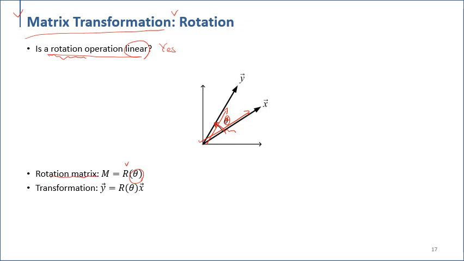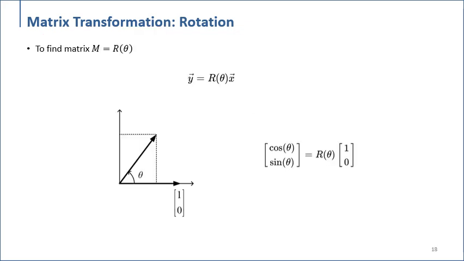So the matrix can be written as a rotation matrix R theta, and this transformation should be rewritten as y is equal to R theta x. The remaining problem is then how can you find a matrix that rotates one vector to another vector with an angle of theta?